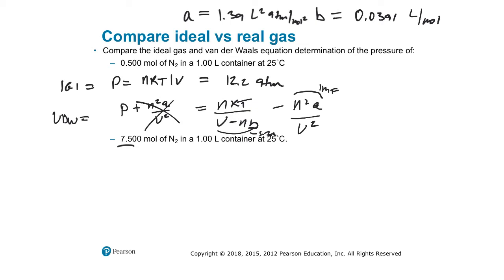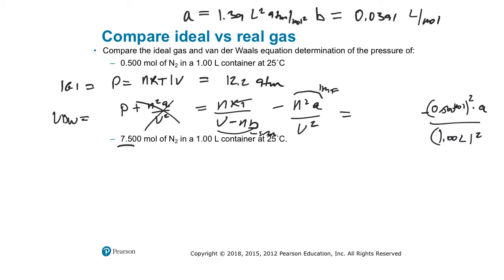Let me do the n squared a divided by V squared calculation real quick. That's 1.39 liters squared atm divided by mole squared, multiplied by 0.500 moles squared, divided by the container volume of a liter, squared.